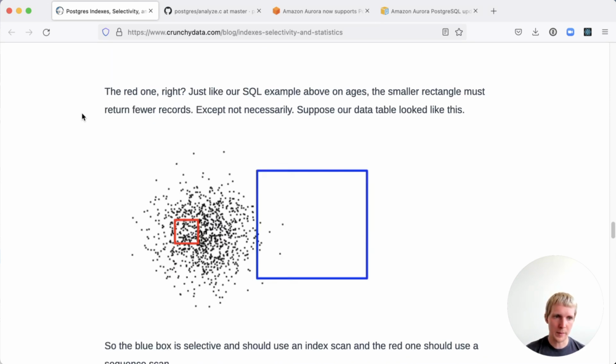If the red square is looking at a portion of the spatial data that has a lot of data points, then your red might actually be less selective, because you're looking at more data points within that red rectangle versus the blue square. This is why it's very important to understand which portion of the table you're looking at.